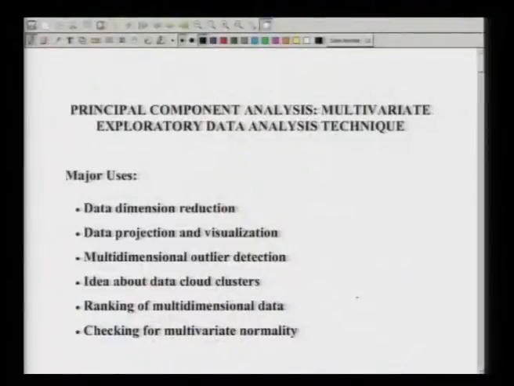Now, once we can project the data, the reduction of data helps us in projecting the data and visualizing it. Once we are able to project the data, we can view certain other characteristics of the data, major of these being that we can see whether there is any outlier present in the multidimensional data, or if the observations, the variables, are forming any groups.